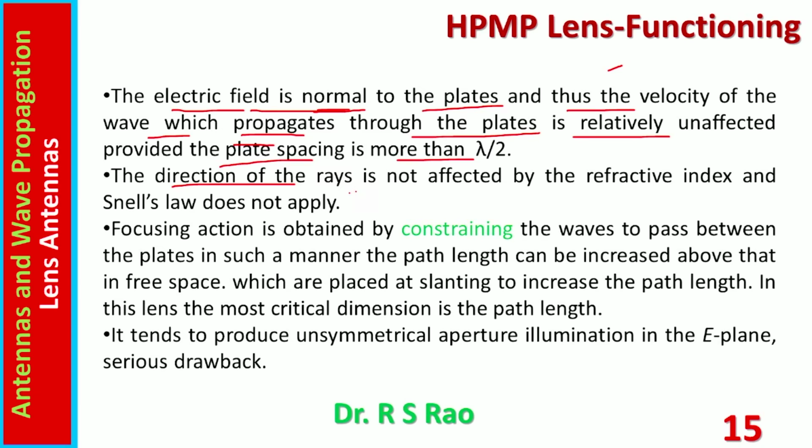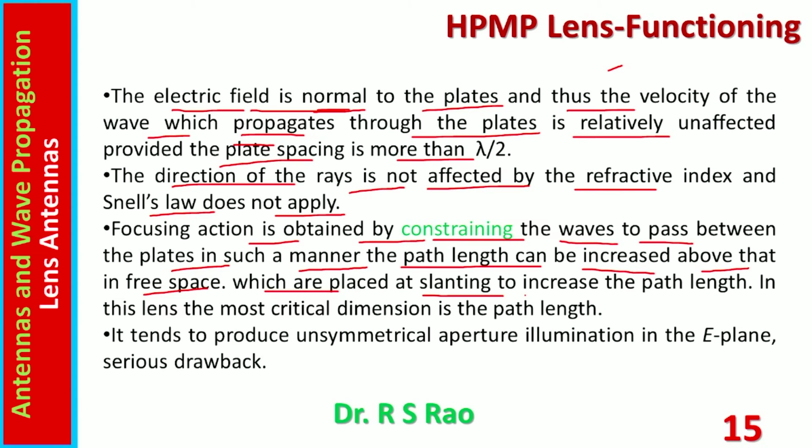The direction of the rays is not affected by the refractive index, and Snell's law does not apply here. Focusing action is obtained by constraining the waves to pass between the plates. Constraining means by force. In such a manner, the path length can be increased above that in free space, which are placed at slanting to increase the path length.